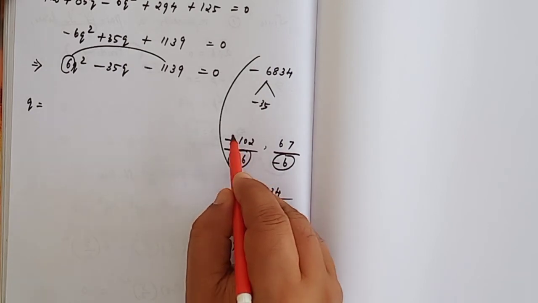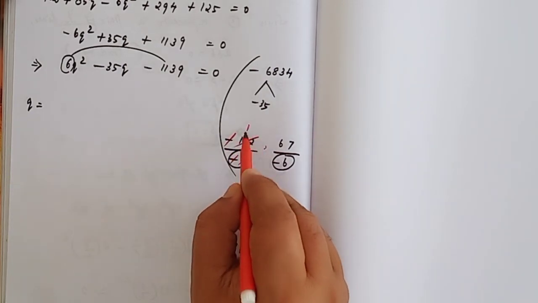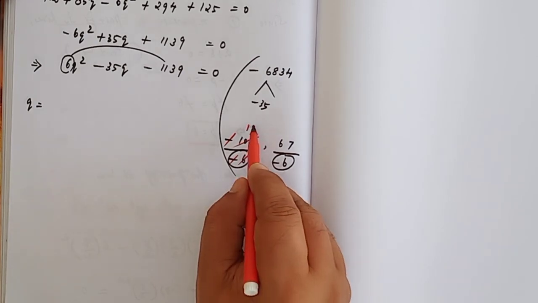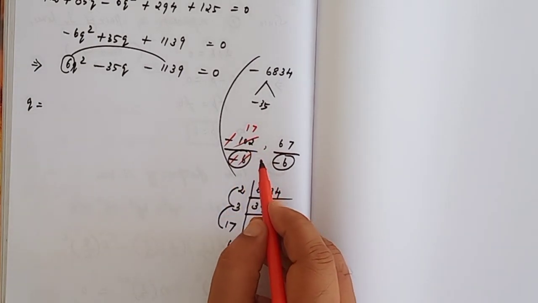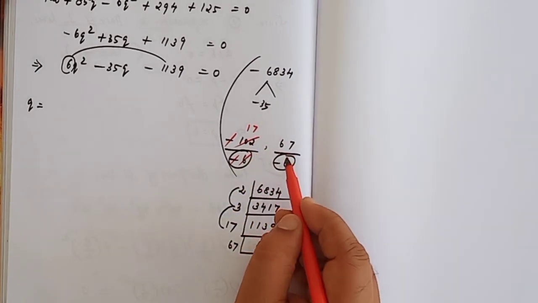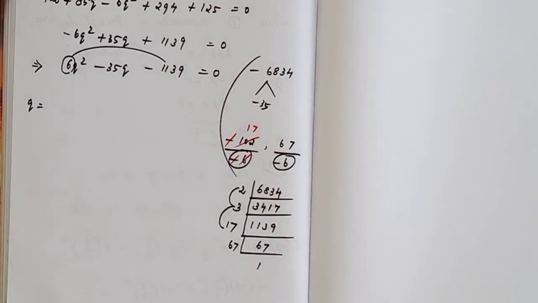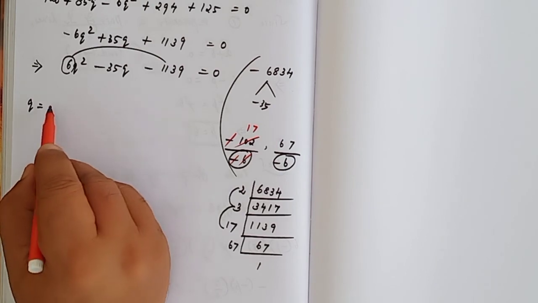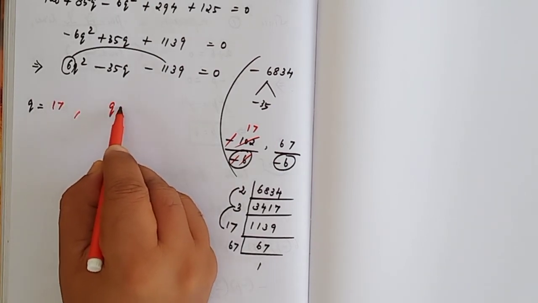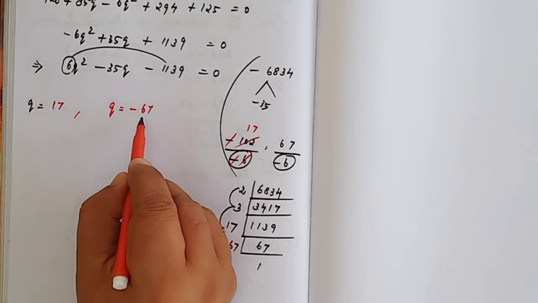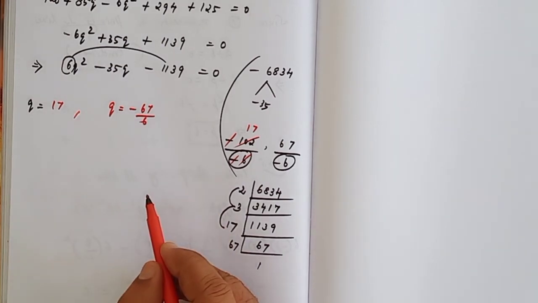Even the 6 table you can cancel. 6 1s are 6, balance 4, 42, 6 7s are 42. So 17 times. Here it cannot be simplified, minus 67 by 6, write as it is. So q is equal to 17 and q is equal to minus 67 by 6.